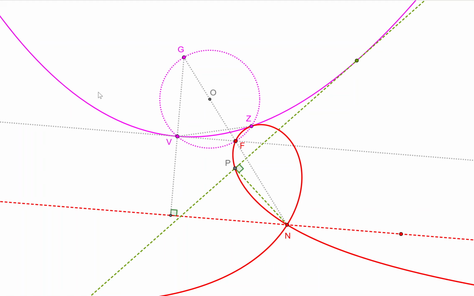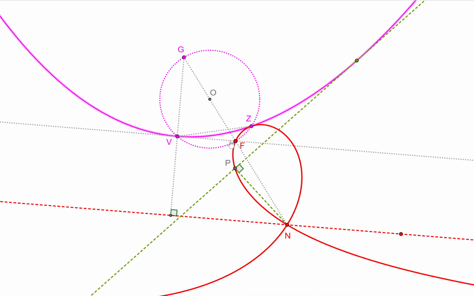Now, the main subject of this video is these two points here. V, the vertex of the parabola, which is the midpoint between G and this foot here on the directrix. And this point Z, which is a single point of contact between the strophoid and its N-antipedal, this parabola.